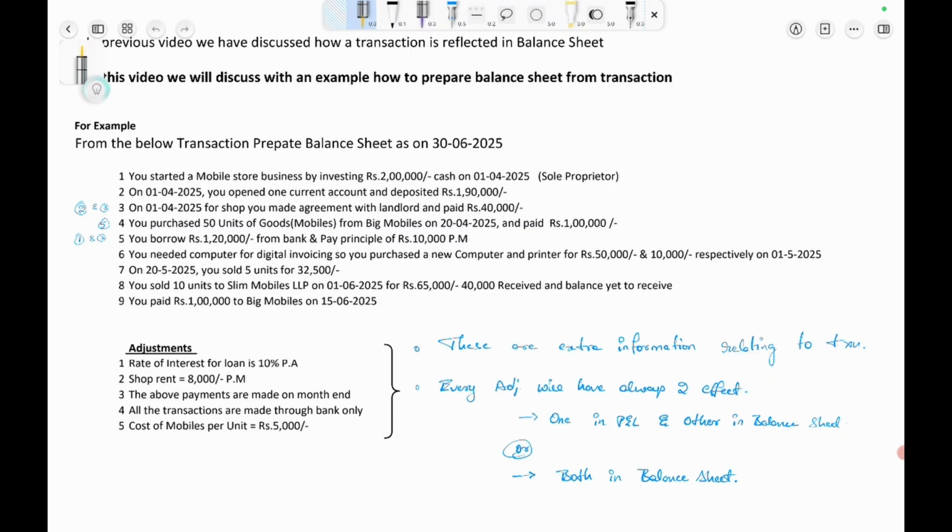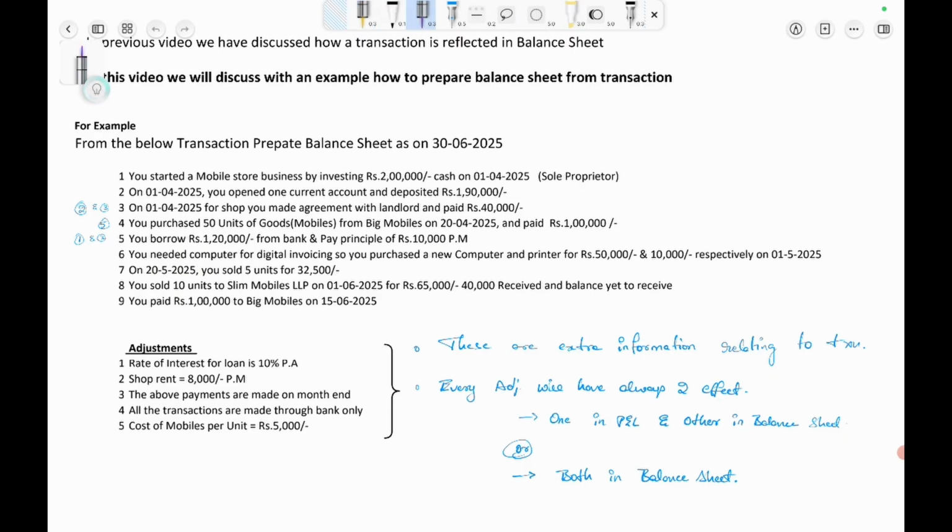The first transaction is that you started a mobile store business by investing 2 lakh cash on 1/4/2025. Always keep in mind, whenever you have to pass journal entries, there must always be 4 pieces of information available.